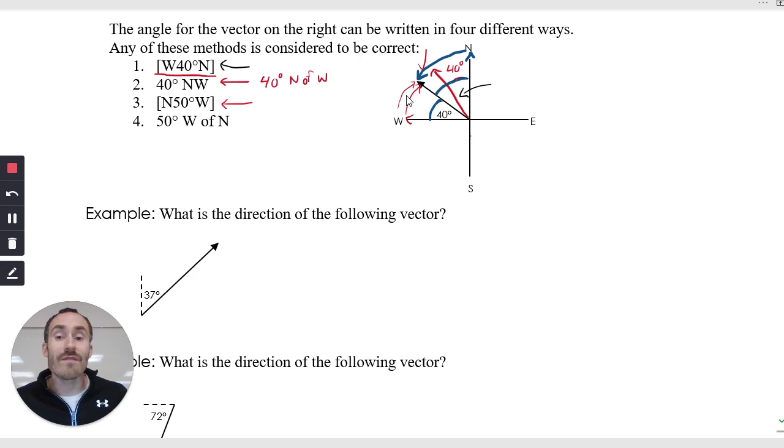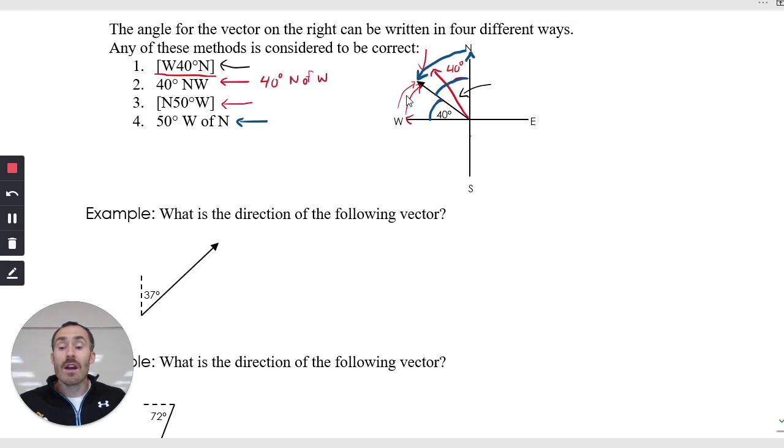And so it's totally valid to measure it from the north toward the west instead of from the west toward the north. It's just then the angle changes, right? So west 40 degrees north is the same thing as north 50 degrees west. And the same deal for number 4 over here.